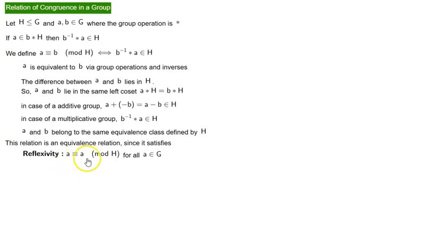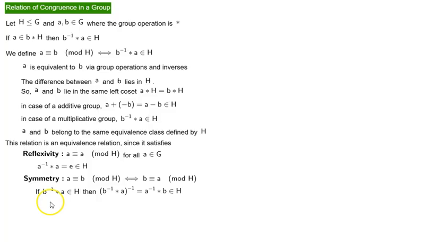So A is congruent to A mod H for all A in G. That means A inverse times A is equal to E, which is in H, because H is a subgroup. Symmetry: A is congruent to B mod H if and only if B is congruent to A mod H. What does that mean?